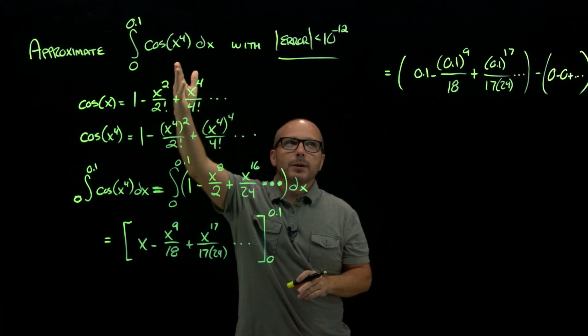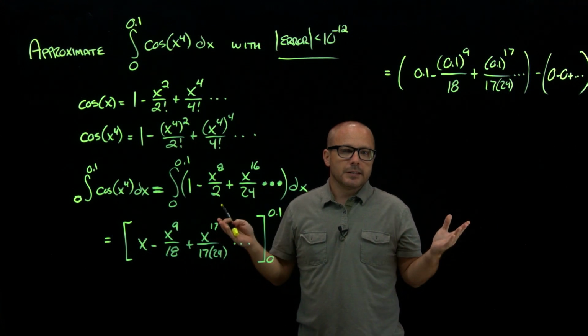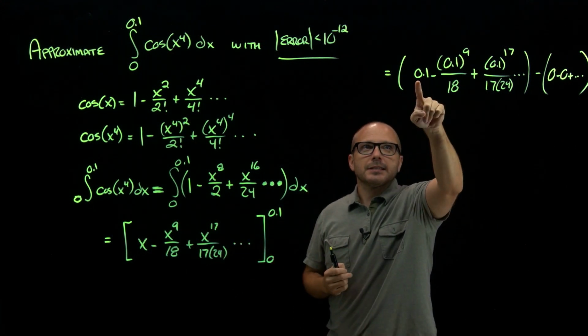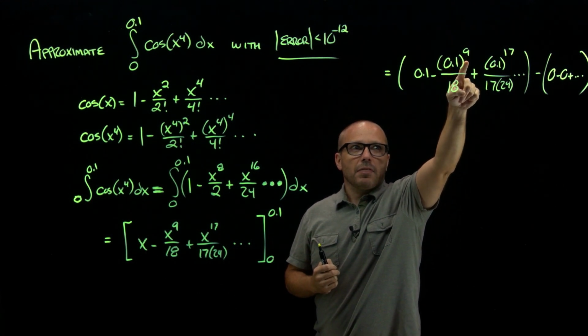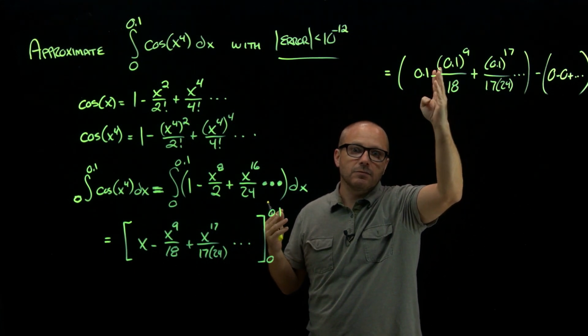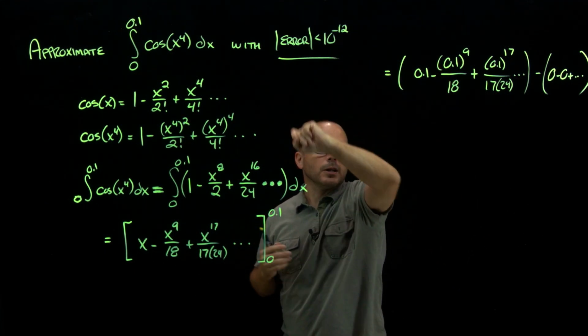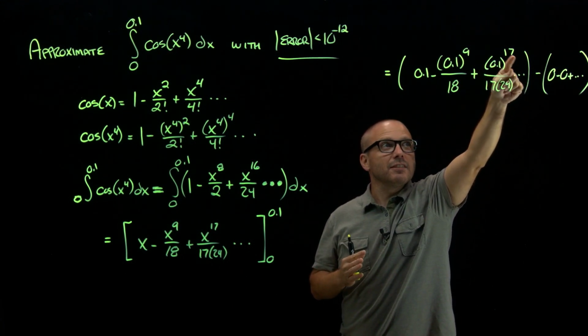That could be any number, but making it 0.1 makes it simple because what is 0.1? It's 10 to the negative 1. So this is 10 to the negative 1. This is 10 to the negative 9th divided by roughly 10. So that's in the neighborhood of 10 to the negative 10th. Not quite small enough. That number on top is already 10 to the negative 17th.